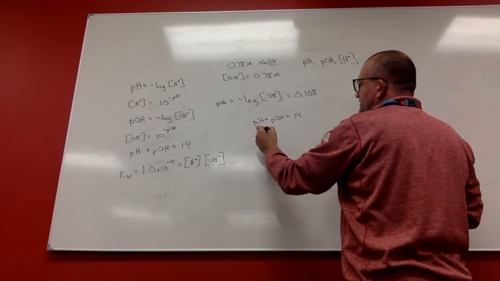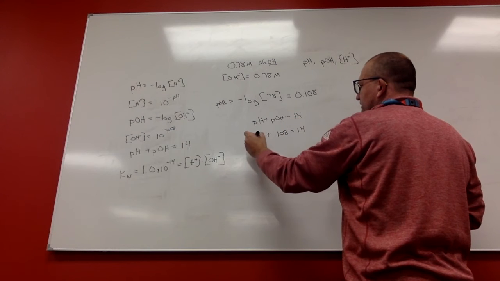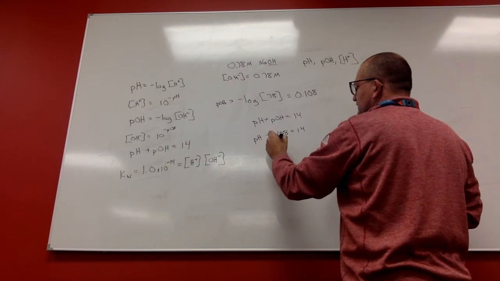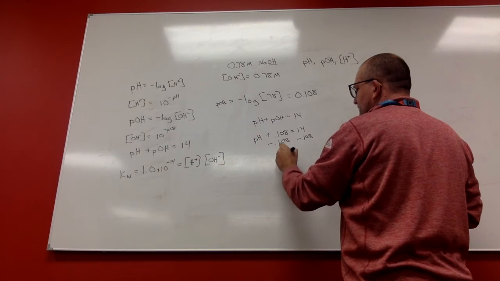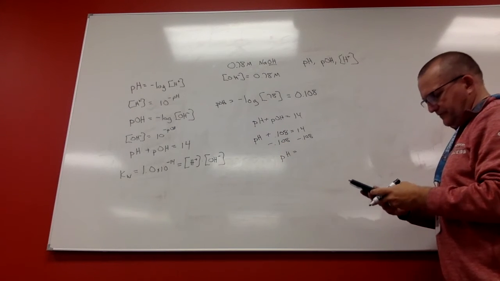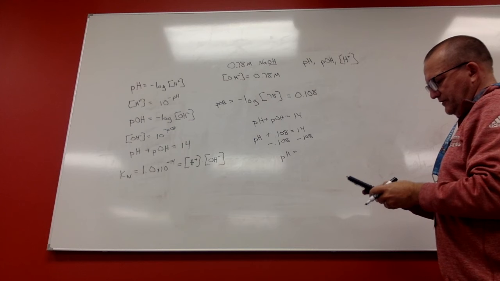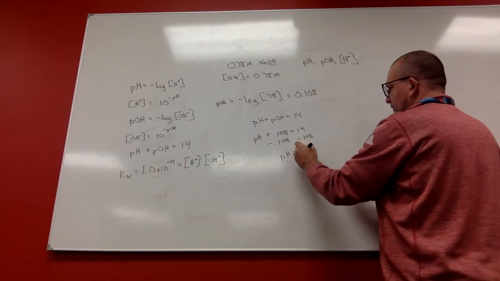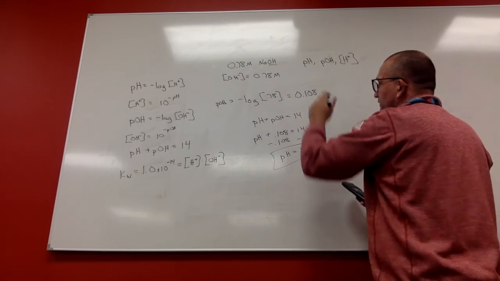If my pOH is 0.108, that equals 14. What is the pH? Subtract 0.108 from each side. My pH equals 14 minus 0.108. My pH is 13.9. So I have pH and I have pOH.